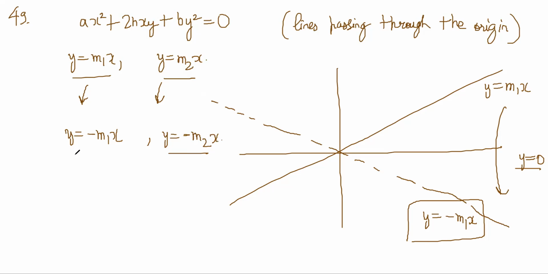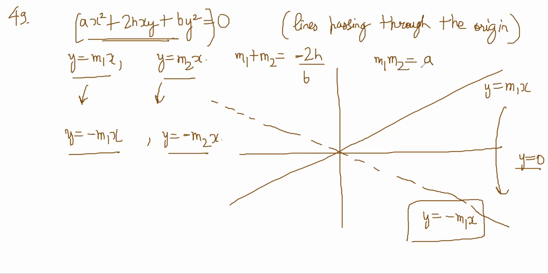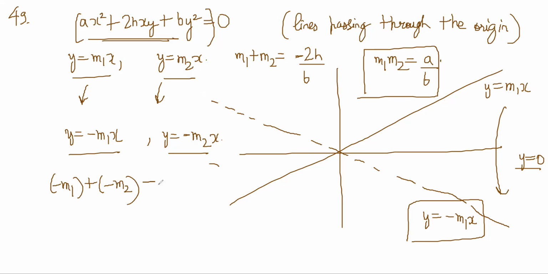When you were forming this pair of straight lines, you had these conditions: m1 plus m2 is equal to minus 2h by b, and m1 m2 was equal to a by b. Now you have minus m1 plus minus m2, which will be 2h by b.